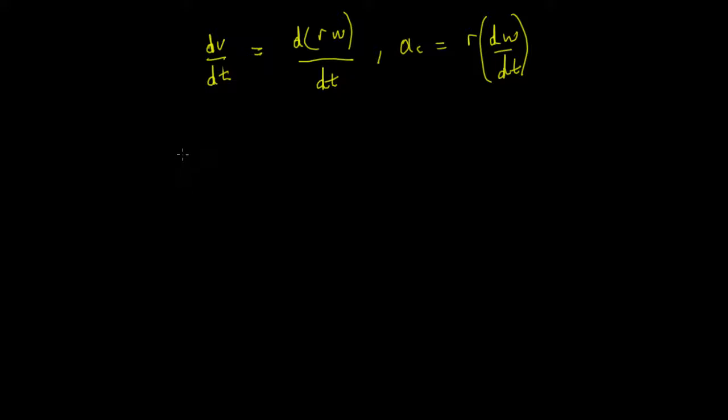So we're just going to end up with angular acceleration equal to r times d omega by d theta times d theta by dt. Okay, so d theta by dt is just our value of omega.